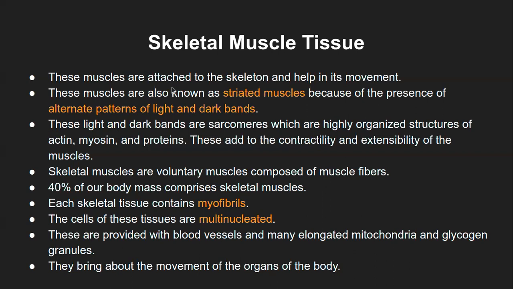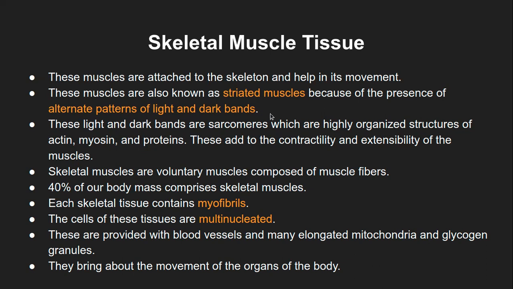These are called skeletal muscle because they are attached to the skeleton. Nothing great in there, because they are very closely attached to the skeleton. They are also known as striated muscles. Again, why striated? Because they show alternate patterns of light and dark bands because of the presence of actin and myosin protein.